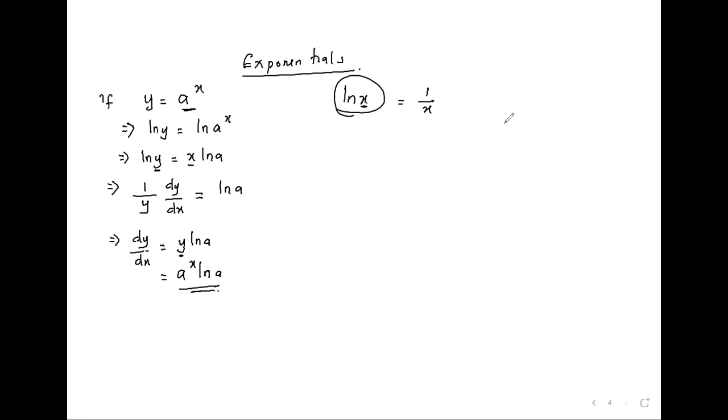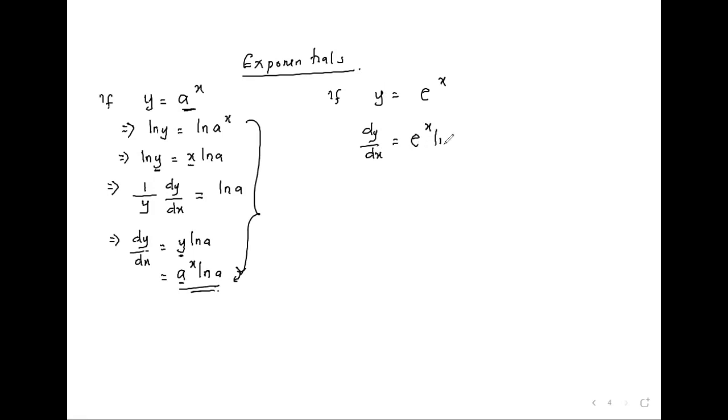That is if what you have as a base is not e. Because what could happen if the base was e? If y was e to the power x, you're going to do all this, but when you get here, your answer is going to be dy dx is equal to e^x multiplied by ln a, but a is e.